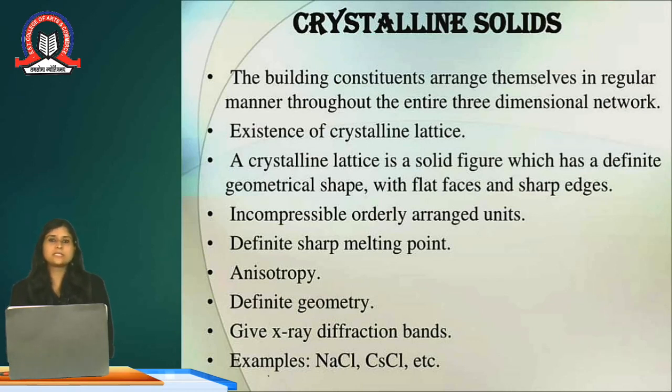Existence of crystalline lattice. Now, these crystalline solids form a crystalline structure because of their particular arrangement or the perfect positioning of unit cells, so they form a crystalline lattice or crystal lattice. Next, a crystalline lattice is a solid figure which has a definite geometrical shape with flat faces and sharp edges.